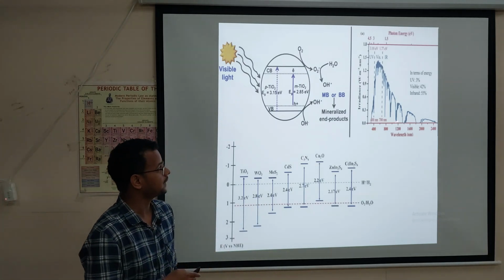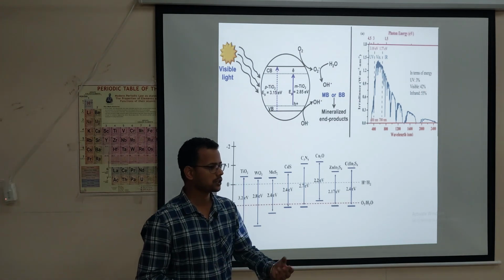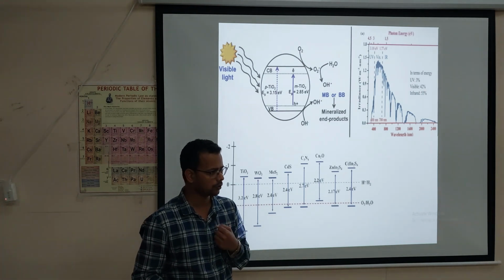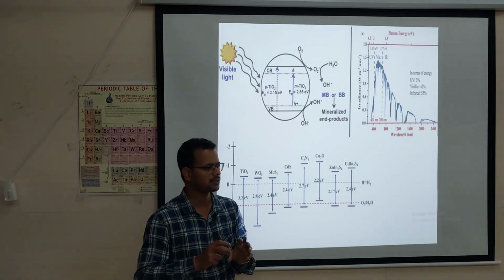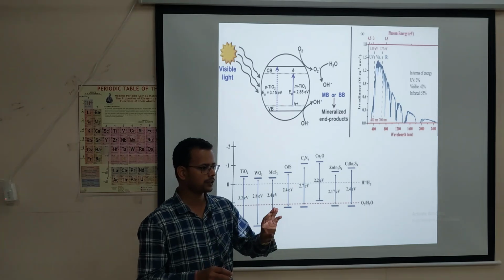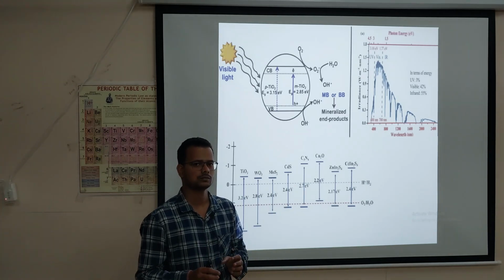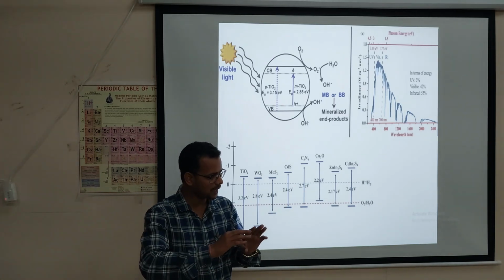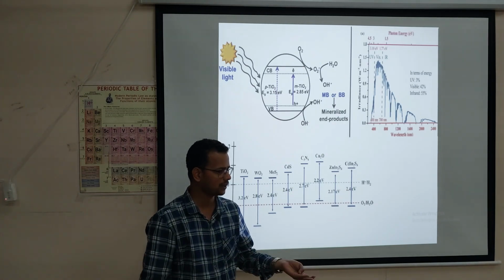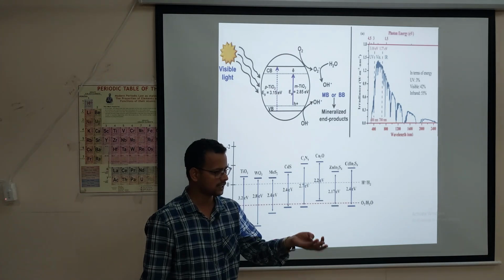Suppose we have developed a UV material, a white material. Then what do we have to do? We are doing various types of experiments, adding some black material or a different type of semiconductor. That is doping, heterojunction formation, co-catalyst loading.